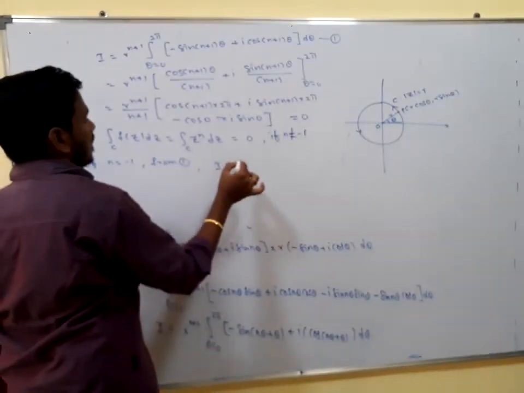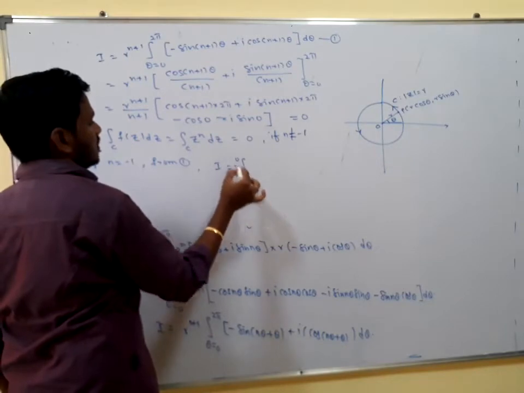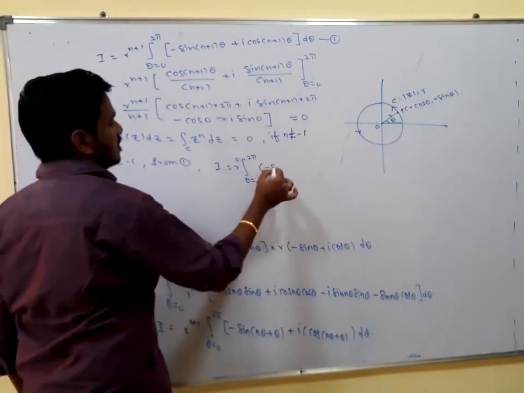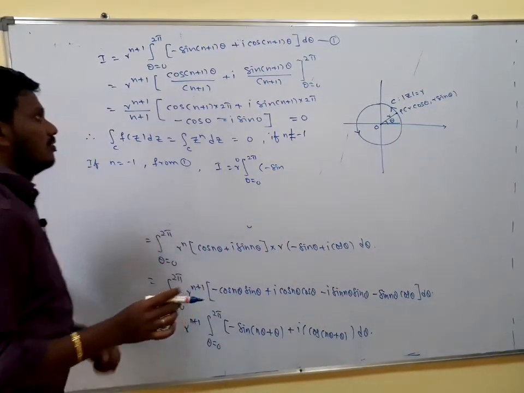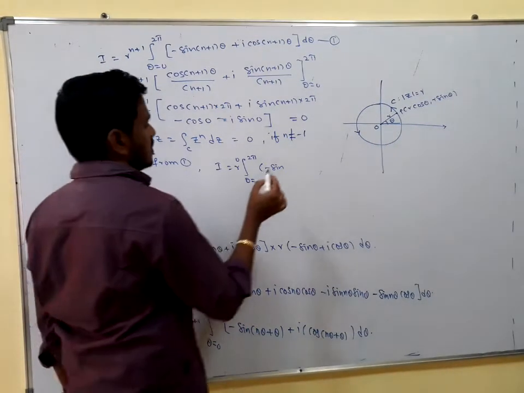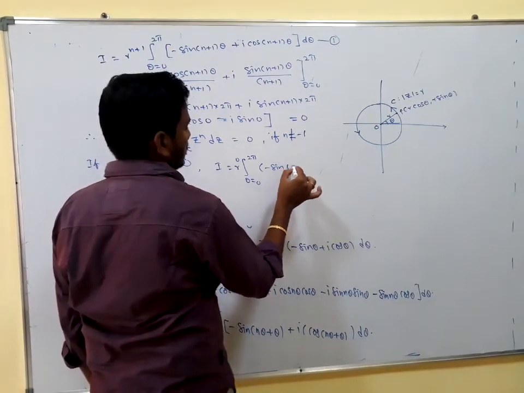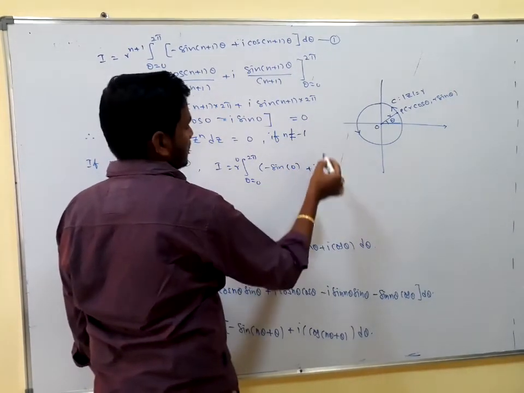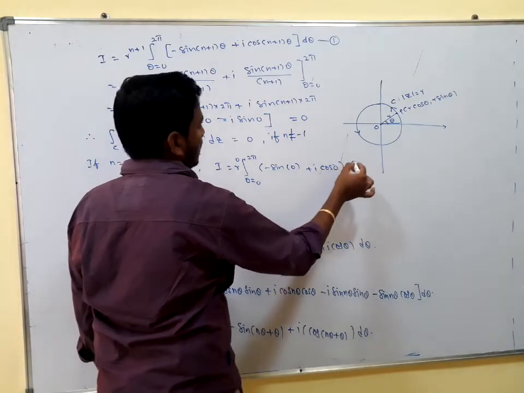Here it is the integral of r to the power of 0, theta from 0 to 2 pi, of minus sin of (minus 1 plus 1). Minus 1 plus 1 is nothing but 0, and sin 0 is 0, plus i into cos 0, d theta.